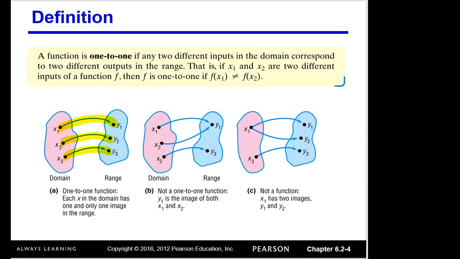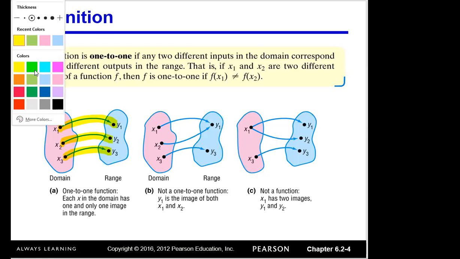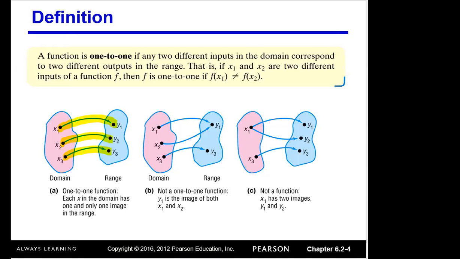The next 2 are not one-to-one functions. On this one, you have both x sub 1 and x sub 2 sharing y sub 1. That's not 1 to 1, that's 2 to 1.